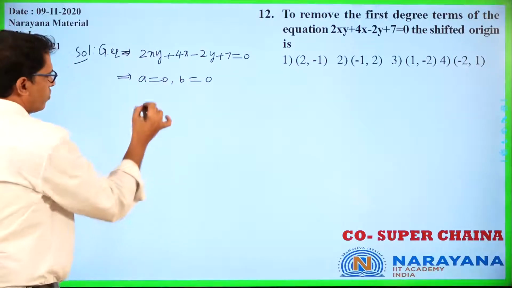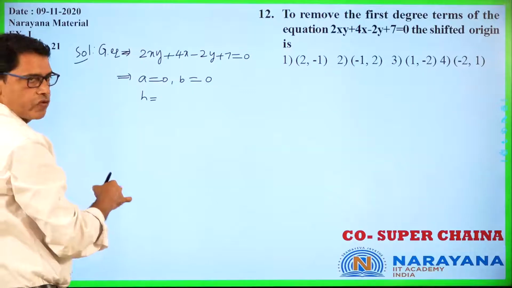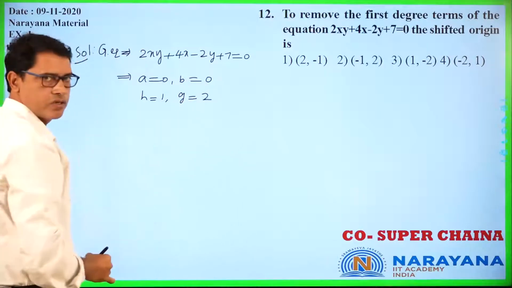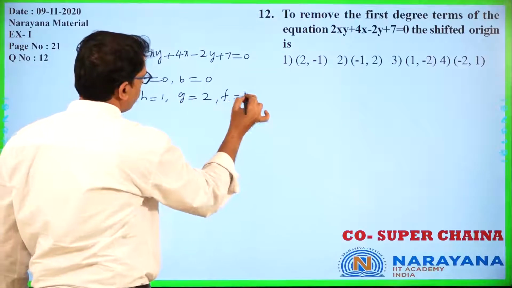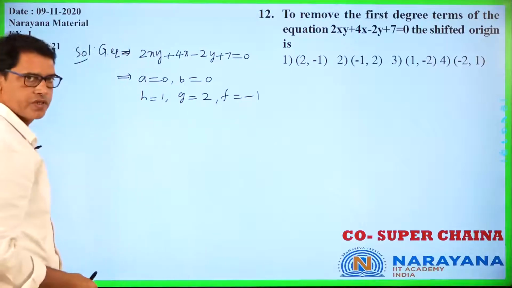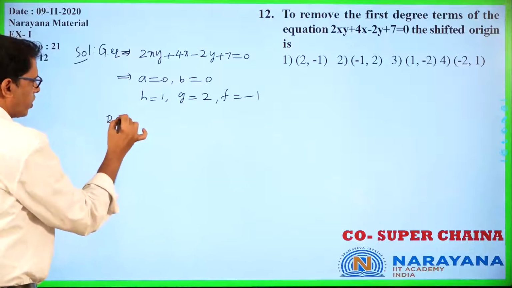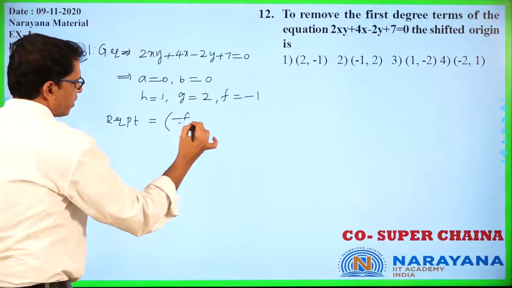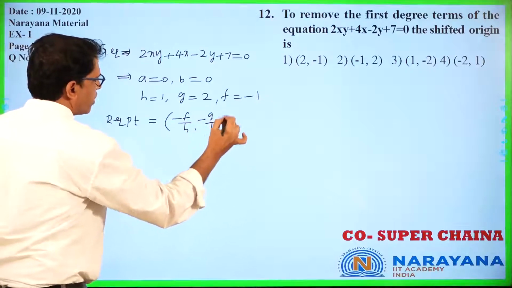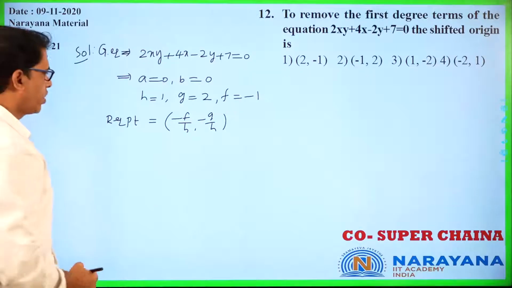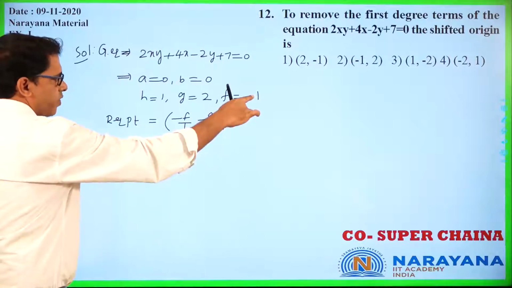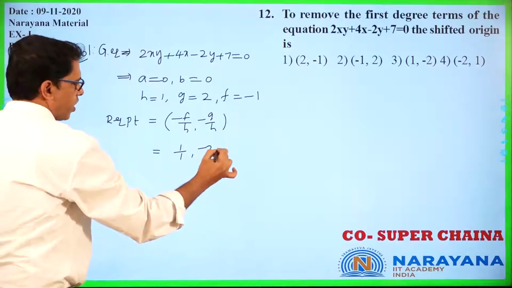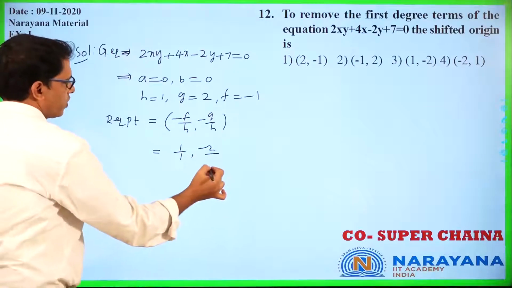So h value how much? Half of the xy coefficient, 1. g value how much? Half of the x coefficient, 2. f value how much? Half of the y coefficient, minus 1. Therefore the required point equals minus f by h, minus g by h, that is minus (minus 1) by h value 1, minus 2 by 1.